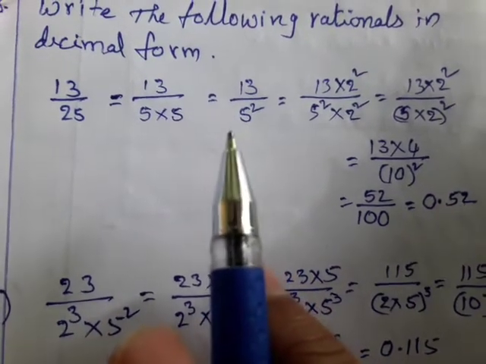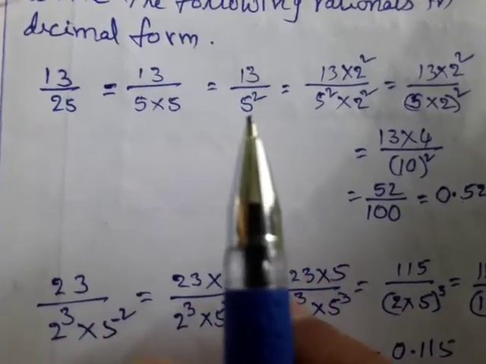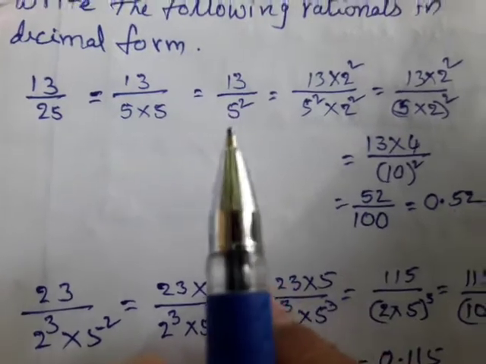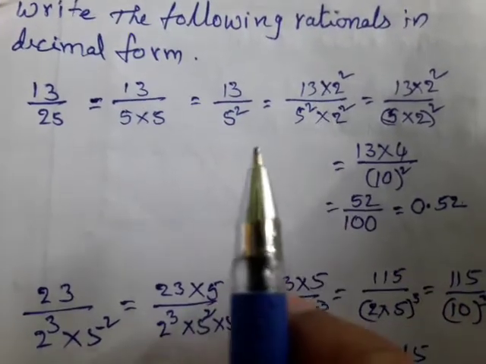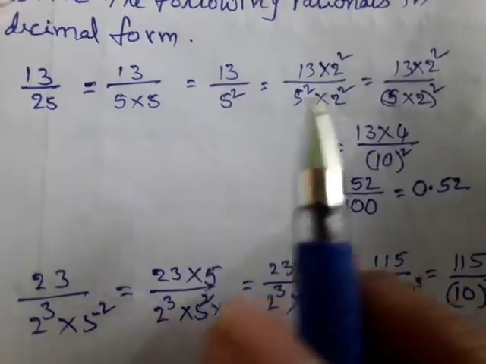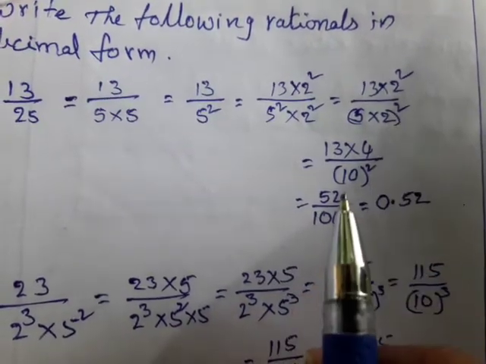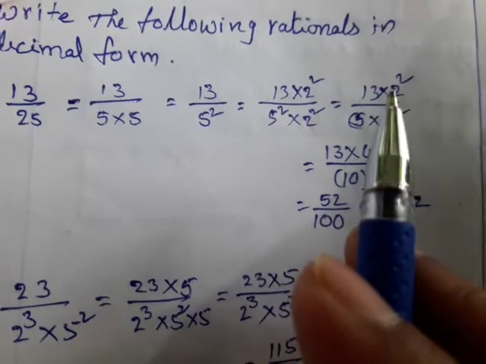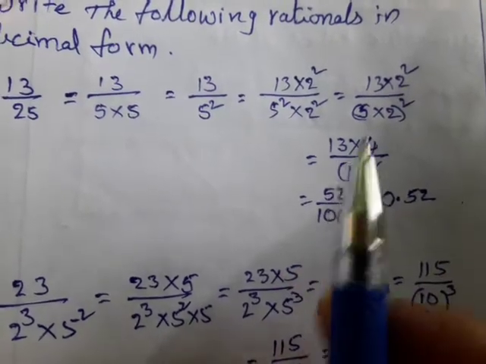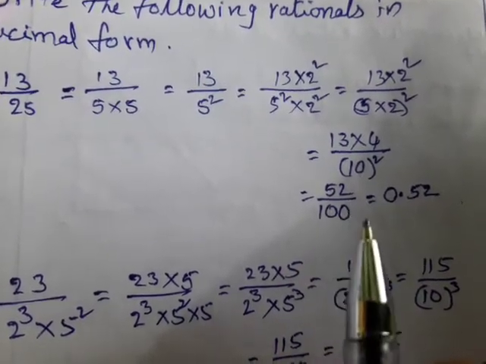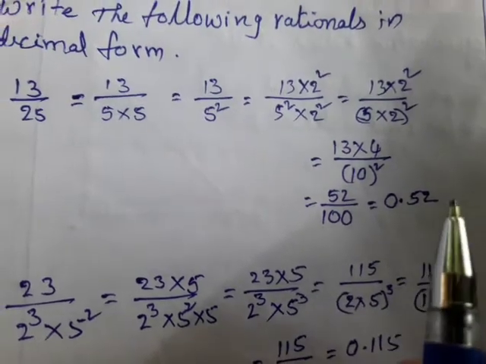To make it a power of 10, you multiply both the numerator and denominator by 2 square. Then you get 5 into 2 whole square, 10 square. Here 4 into 13, 4 13s are 52, by 100, so you get 0.52.